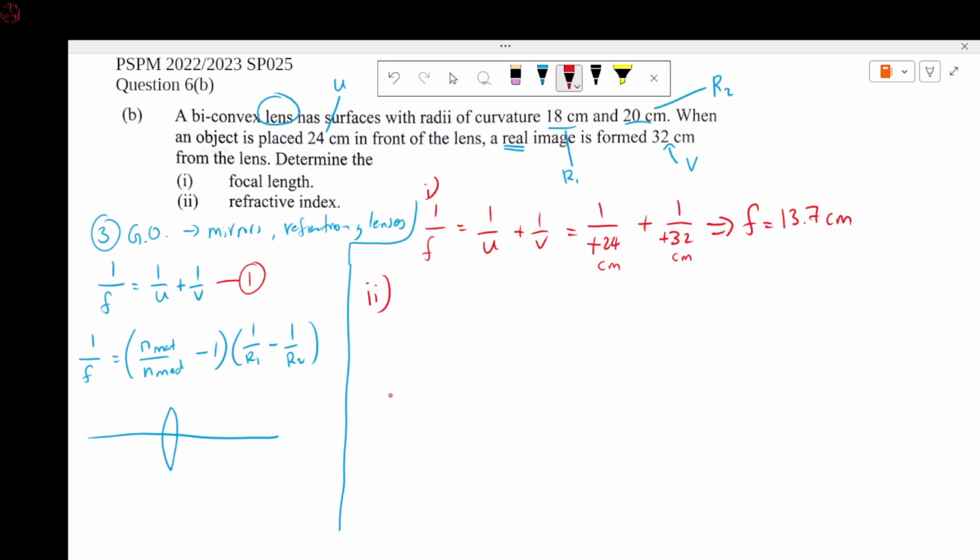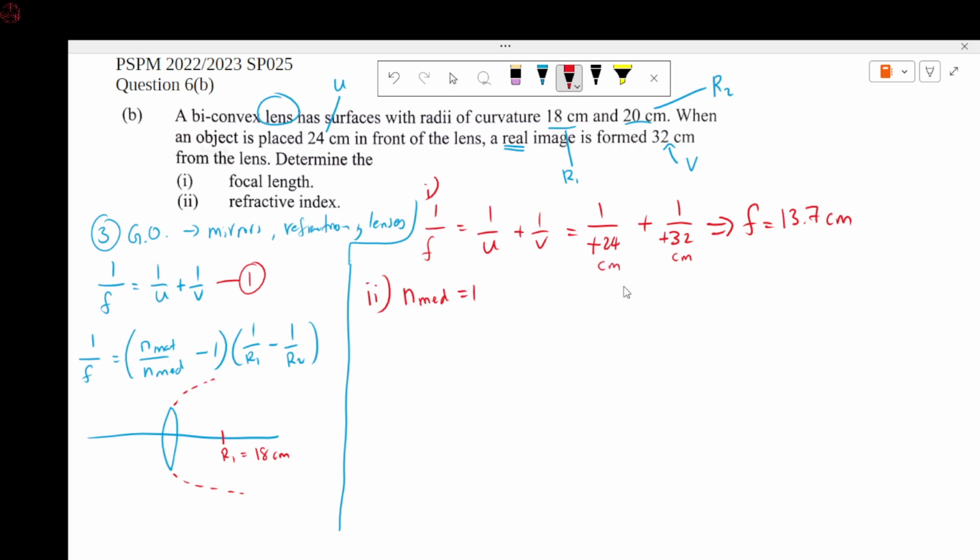For part 2, we can assume that this is going to be in air. So the medium is going to be 1. And then I'm going to take the 18 centimeters as R1. If I were to draw it out like that, that's the first surface. My R1 is going to be here, which is 18 centimeters.